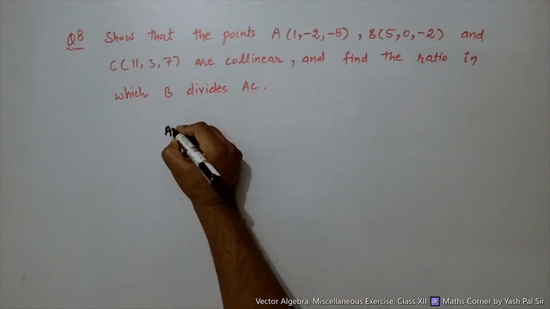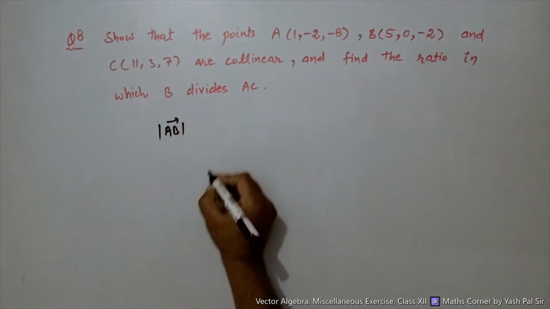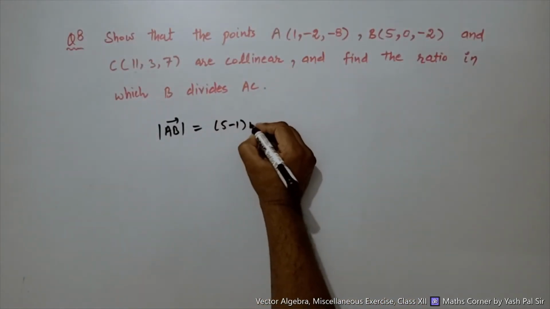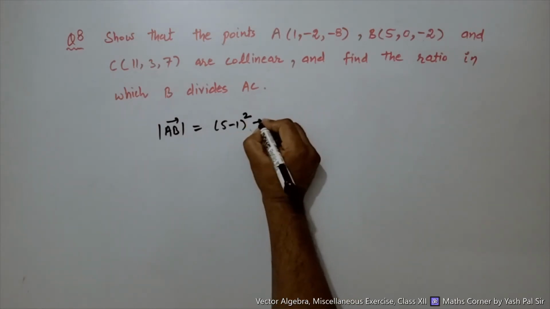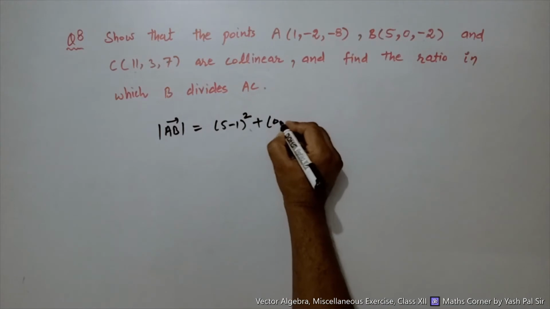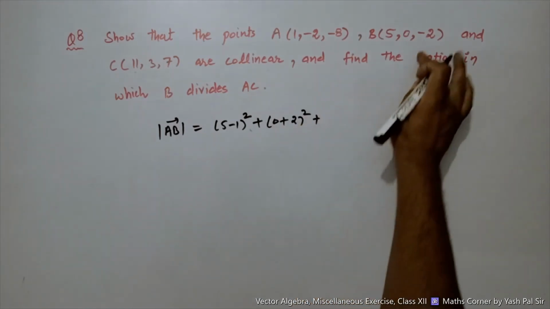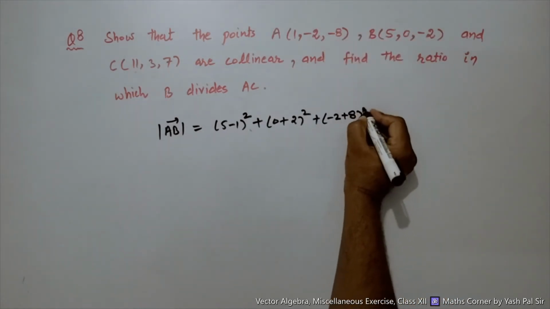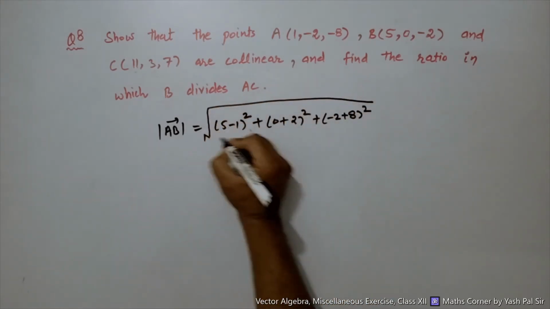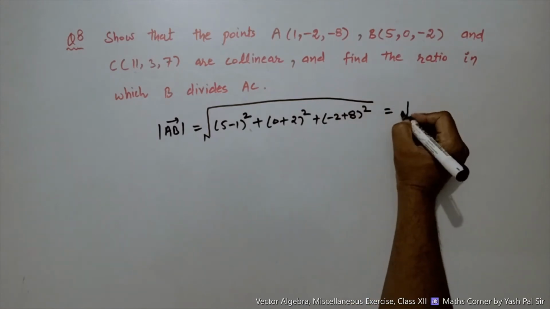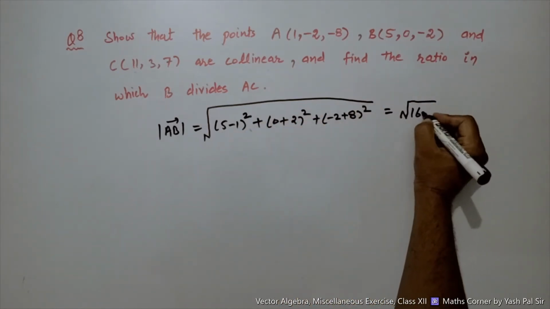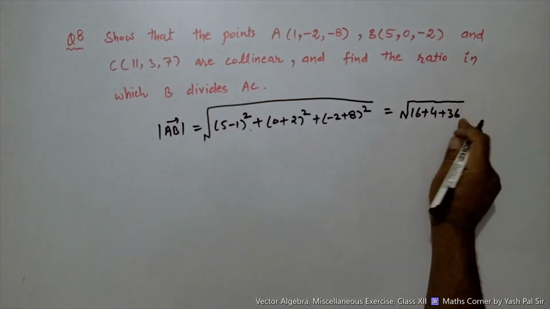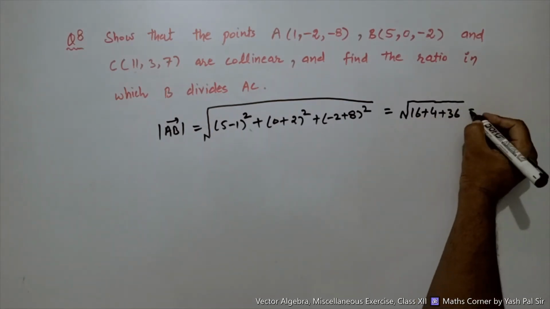So here we first find the magnitude of vector AB, which is equal to square root of (5 minus 1) whole square plus (0 minus minus 2) whole square plus (-2 plus 8) whole square, which is equal to square root of 4 whole square 16, 4 plus 6 whole square 36, this is 40, 56.